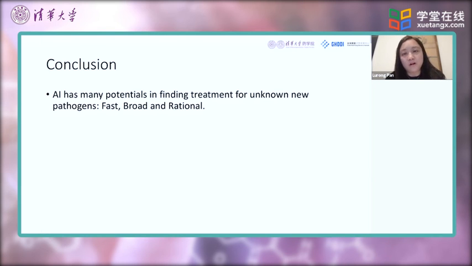It's also broad because it scans all available information in a much shorter time frame than a human. A human may easily miss evidence or cover only a very small portion of the entire evidence scope, but AI can cover basically every corner of the information. It's also rational. It judges every piece of evidence equally, unlike human beings, who may give higher weight to things they're more familiar with.